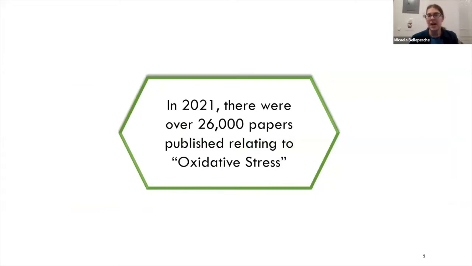I'm sure that being here, you're all familiar with oxidative stress as a concept. A lot of you probably work with it in one way or another, and some of you have likely published one or more of the 26,000 papers in 2021 indexed in PubMed on the topic.